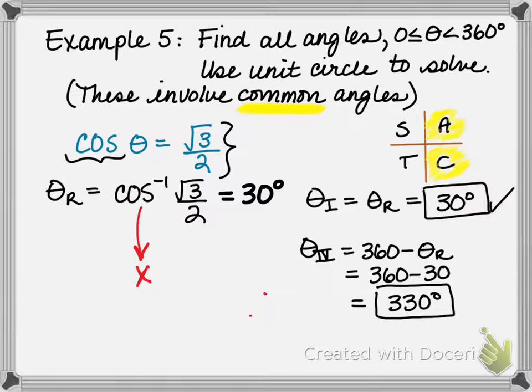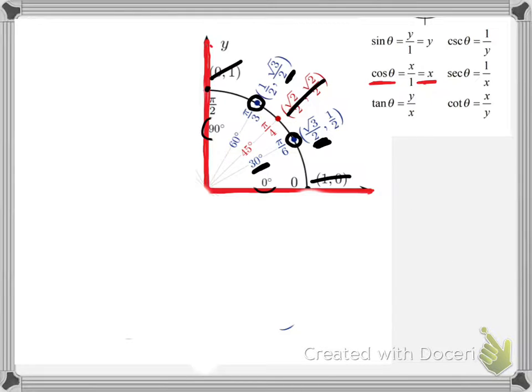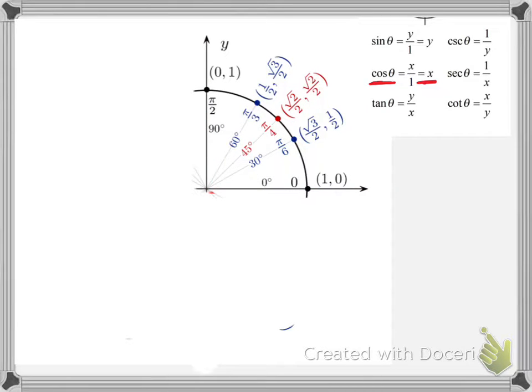Both of these fall between 0 and 360, and you're done. Okay? So when you're finding angles using common angles, let me repeat what I'm saying here. Please notice that you only have to choose from 5 angles.